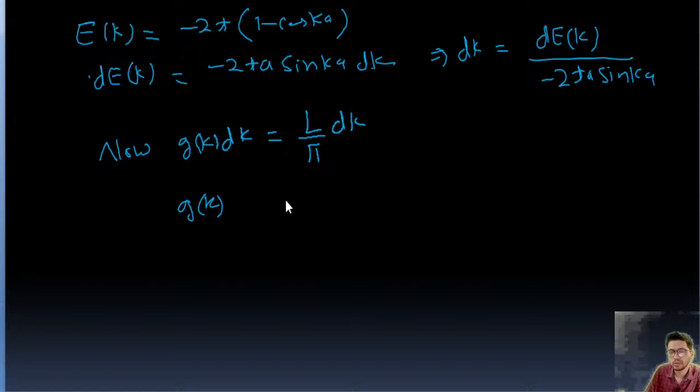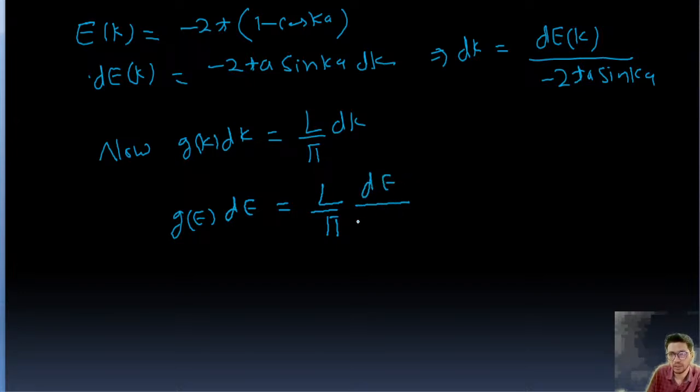So from here, this is the value of dk. We will put the value of dk here, right? So this is going to be g(E) dE, which is going to be L upon pi dE, which is a function of k, upon 2ta sine k.